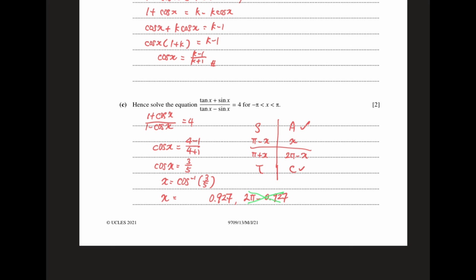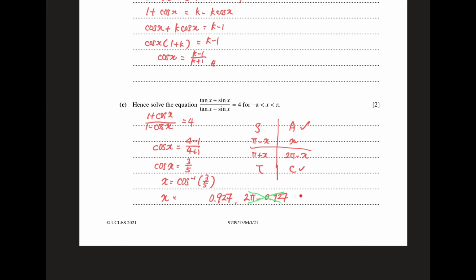Then we also have negative angle. And how to find negative angle? You just take these two basic angles, you plus 2 pi if they want bigger positive angles.